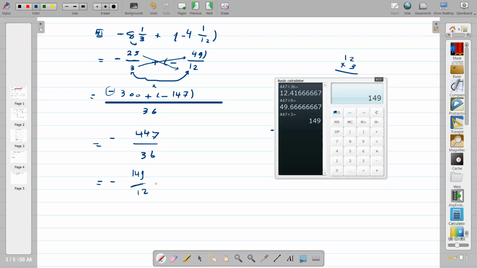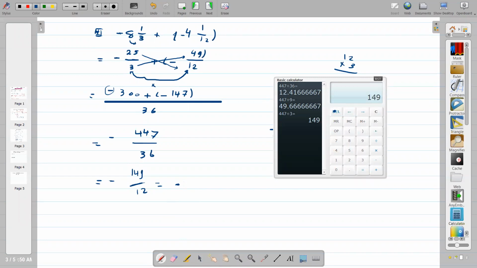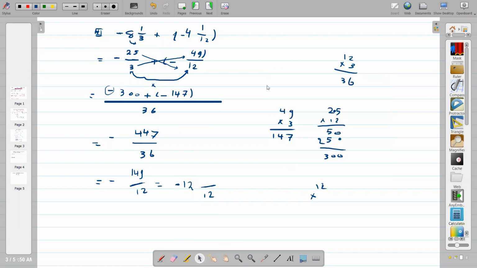So the result is negative 149 over 12. If you want to convert it, 12 times 12 is 144, and the remainder is 149 minus 144, which equals 5. So negative 12 and 5 over 12.